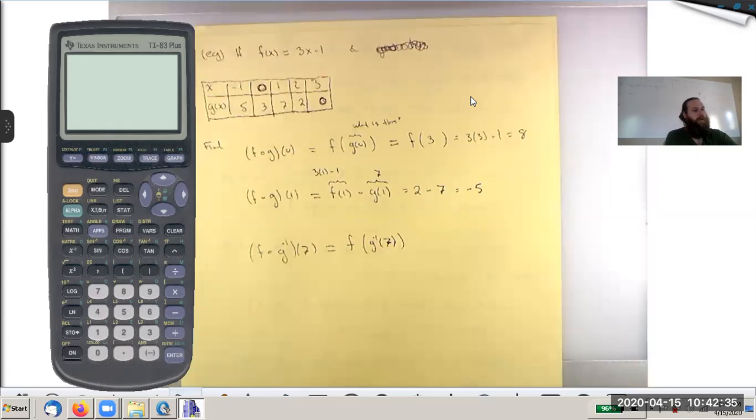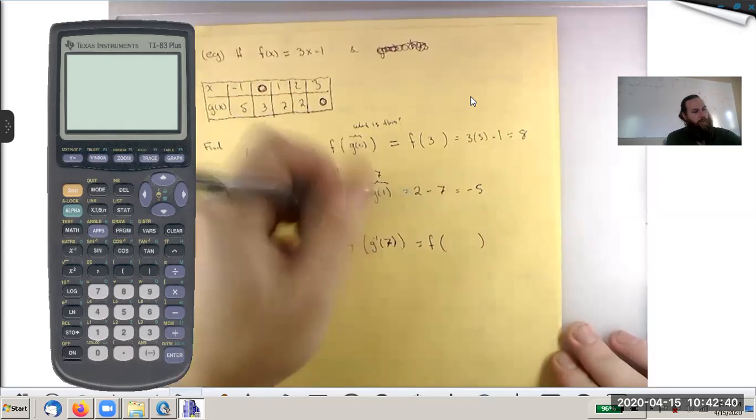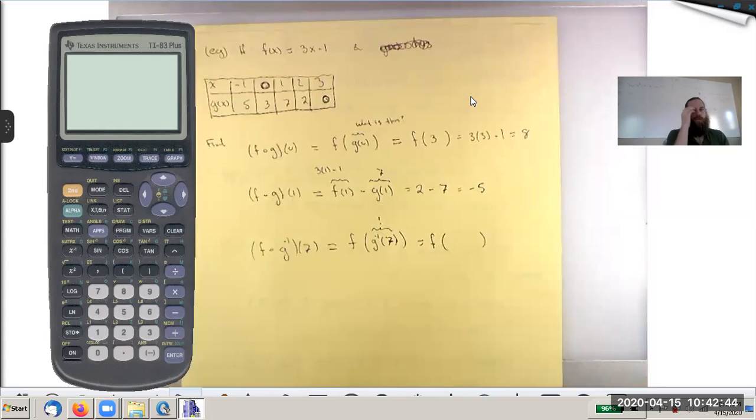So then from here, I say, okay, this is f of something, but what is the inside here? What is g inverse of 7? Who can help me with that? In words, what is g inverse of 7?